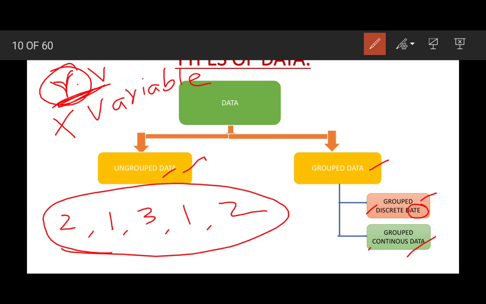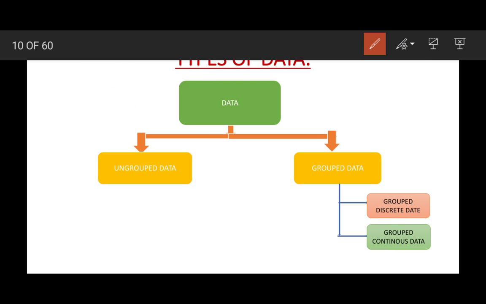It may be anything; it will randomly take values. So X is a random variable. Ungrouped means only X values are given: 2, 1, 3, 2, 1. Only values are given, then that comes under ungrouped data.